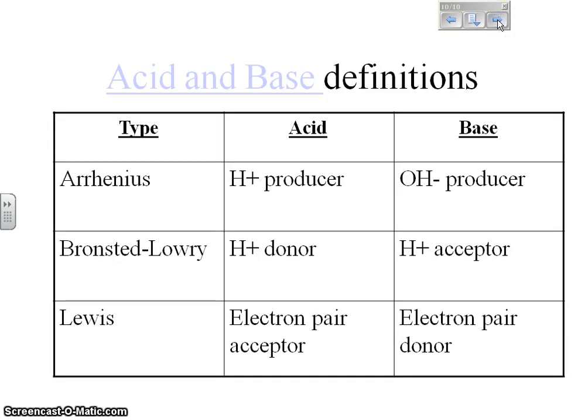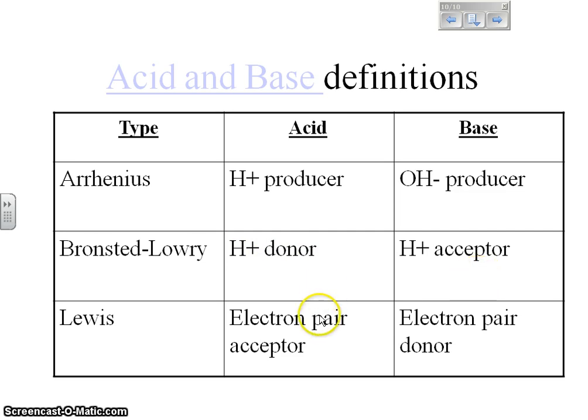Right here we have a little bit of a summary for you. Arrhenius, Bronsted-Lowry, and Lewis are the three acid and base definitions. An Arrhenius acid is an H positive producer. An Arrhenius base is an OH negative producer. For Bronsted-Lowry, an acid is an H positive donor, and a base is an H positive acceptor.